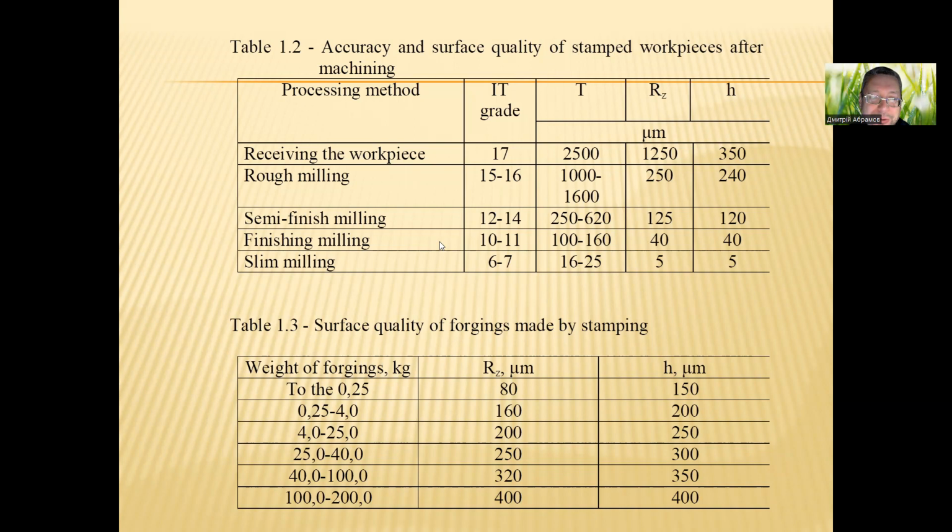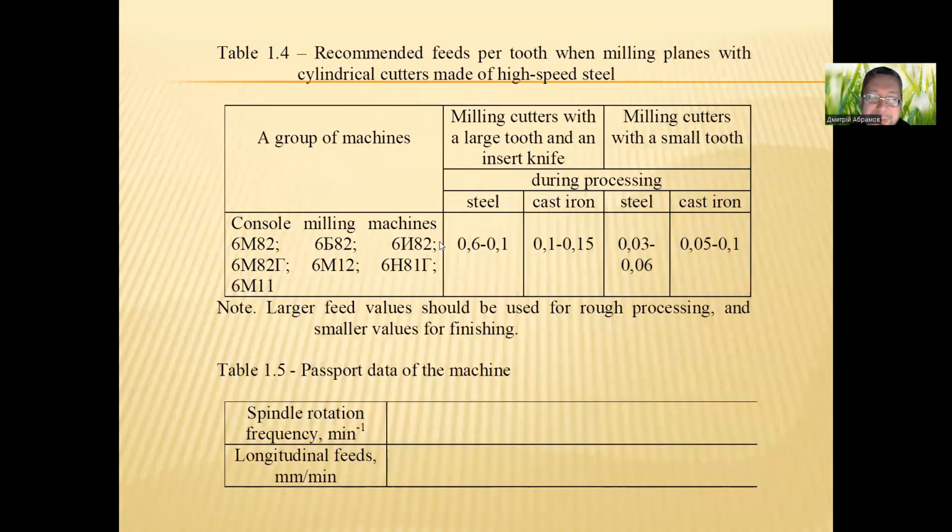Table 1.3, surface quality of forging made by stamping. Table 1.4, recommended feeds per tooth when milling planes with cylindrical cutters made of high-speed steel.